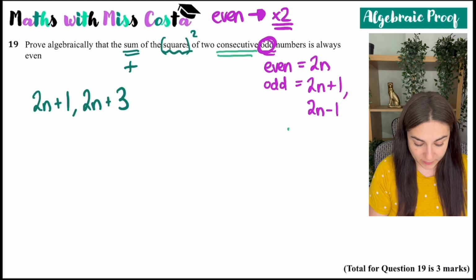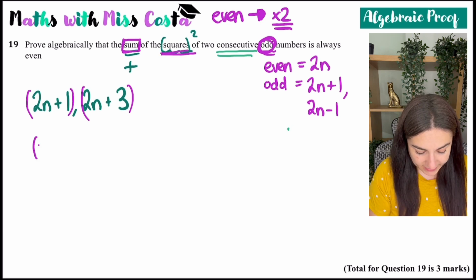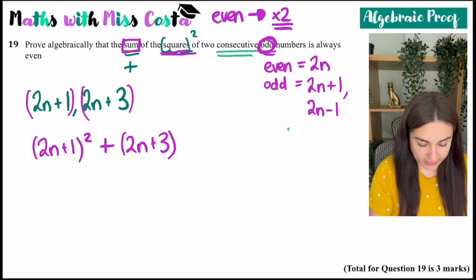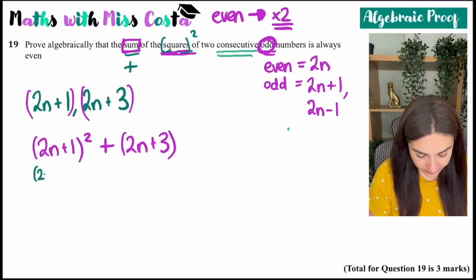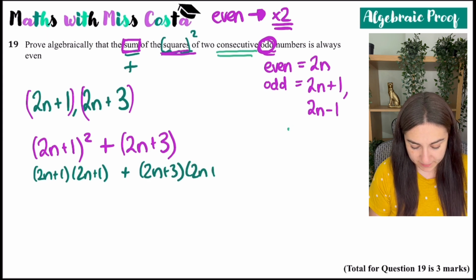So what am I doing with these two expressions? I need to square these expressions and add them together. So let's have a go. That would be (2n plus 1)(2n plus 1) plus (2n plus 3)(2n plus 3).